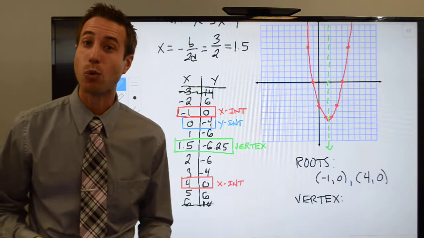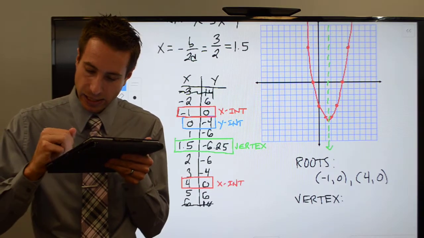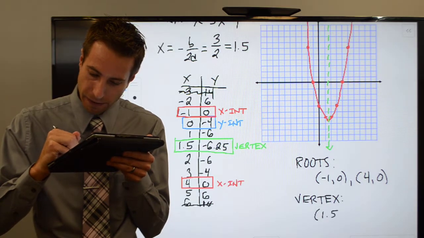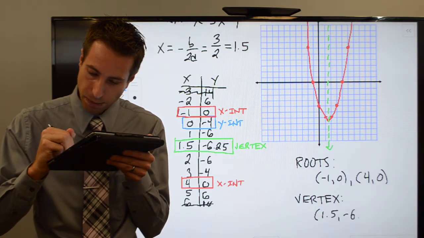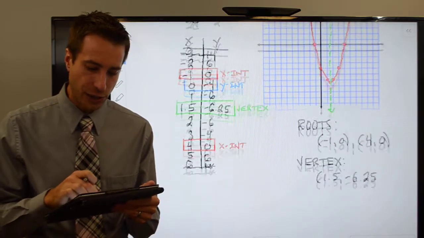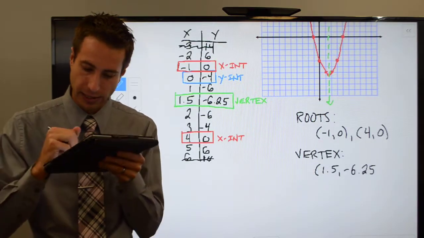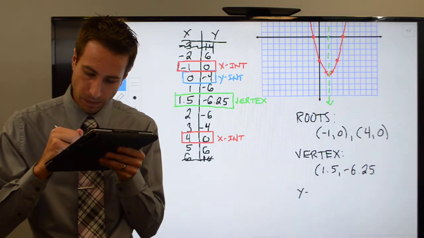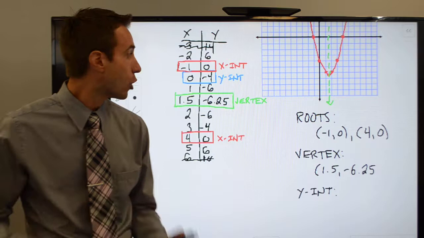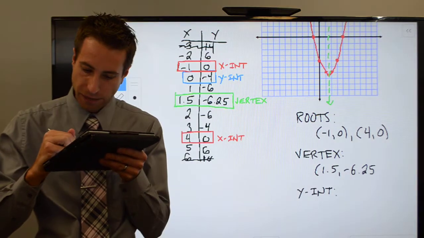Well, the vertex is at 1.5, -6.25. And finally, I will ask you for the y-intercept, which for us was at 0, -4.